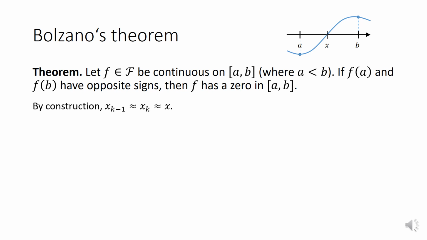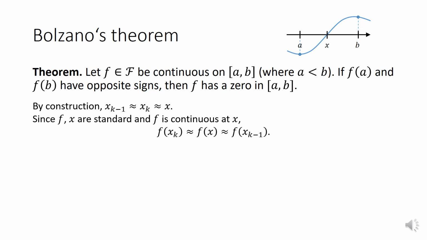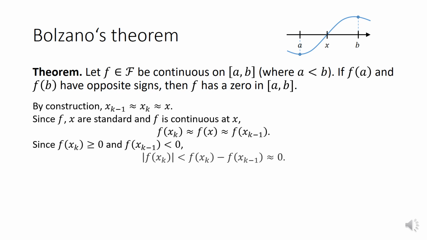By construction, xk minus 1, xk, and x are infinitely close. Since f and x are standard and f is continuous at x, f of xk, f of x, and f of xk minus 1 are infinitely close. Since f of xk is non-negative and f of xk minus 1 is negative, the absolute value of f of xk is less than f of xk minus f of xk minus 1, and this is infinitesimal.